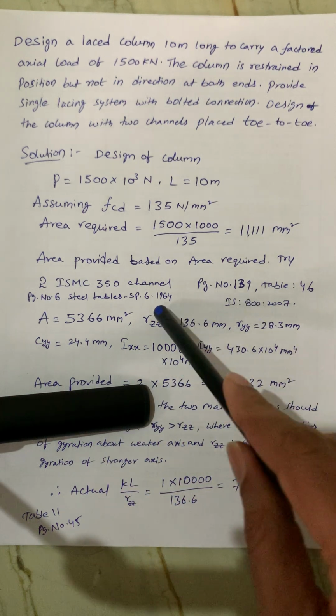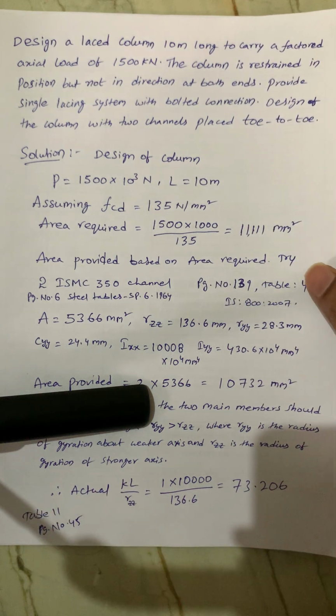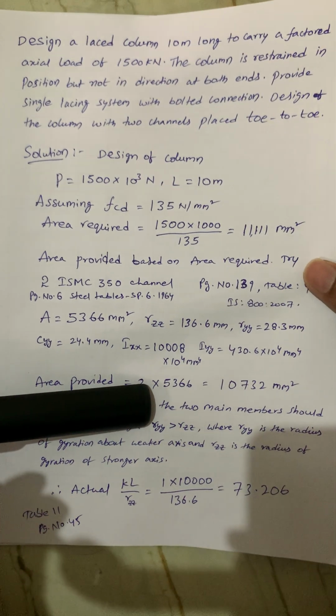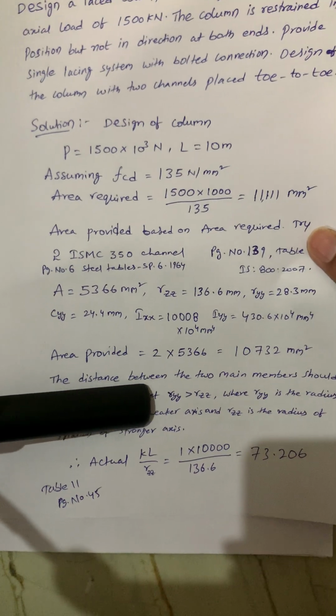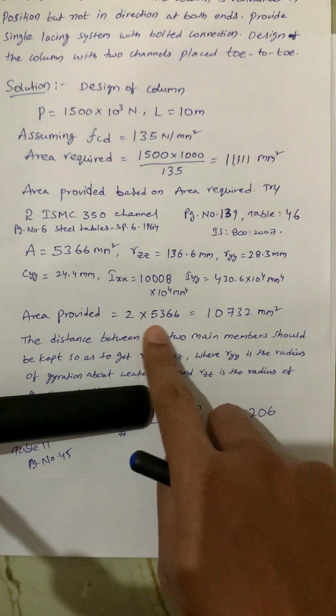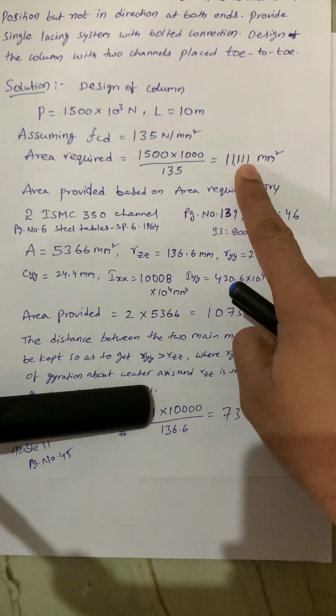All these values are available in this Steel Tables book. Next, the area provided is 2 into 5366, that is 10,732, which is nearer to this value.